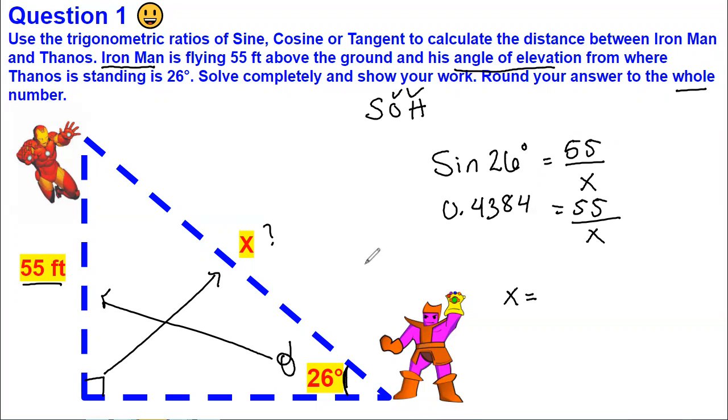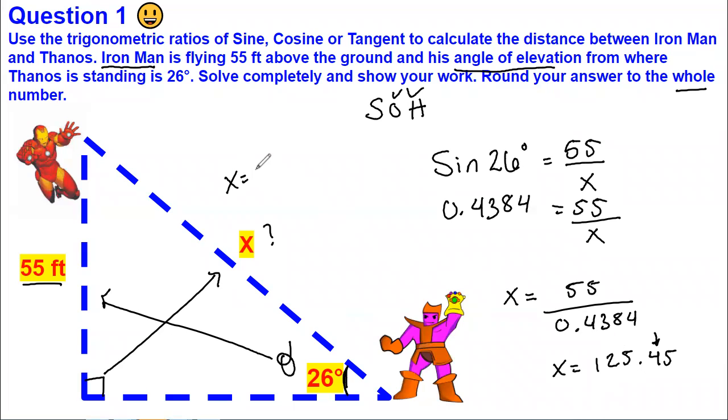So in this case, what is 55 divided by 0.4384? CJ. So 125.45? Does it give you 45 or 5? 45. So we round to the nearest whole number. So X equals 125 feet. Woo-hoo! Not too bad, huh?